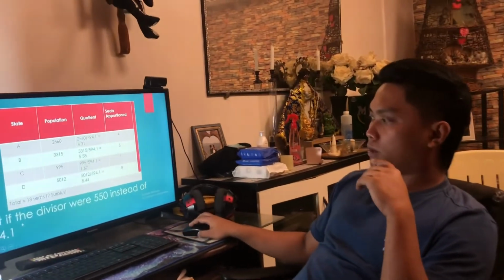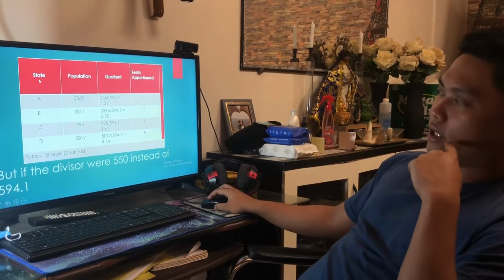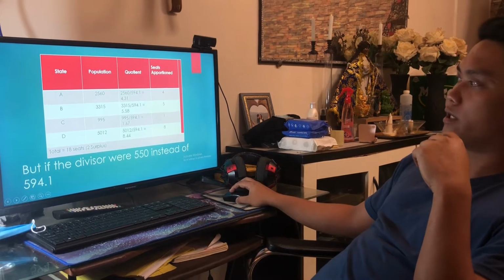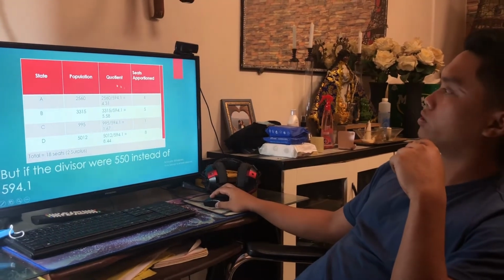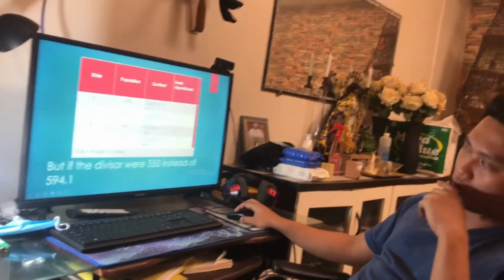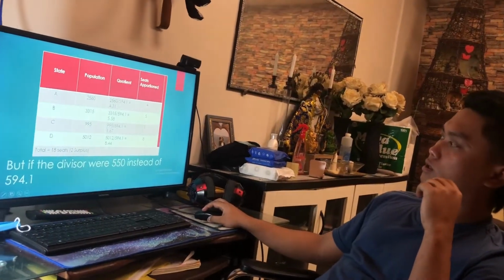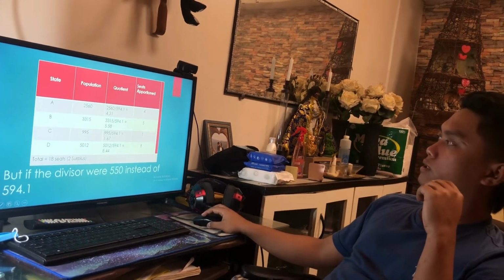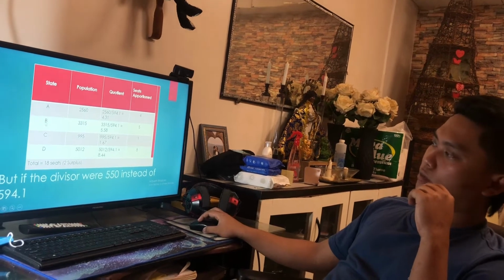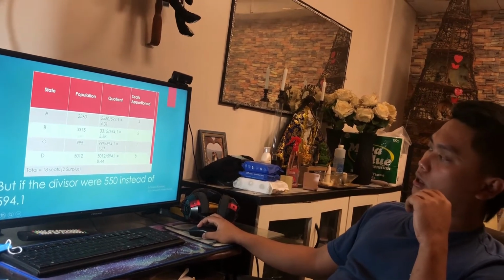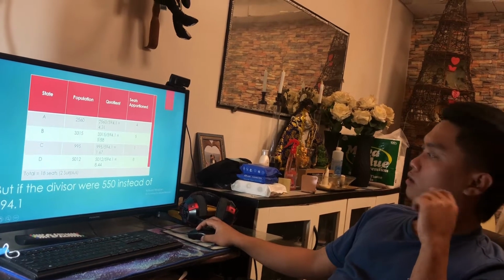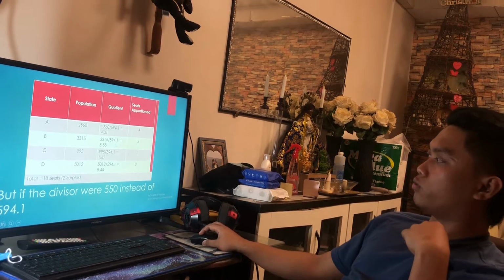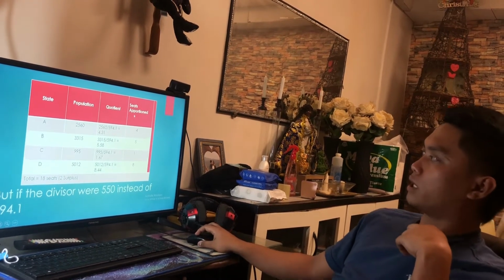But if the divisor were 500, this is state A, B, C, and D. The population of state A is 2,560, and the quotient is 4.31, and the seats appointed is 4. State B is 3,315, the quotient is 5.58, and the seats appointed is 5.